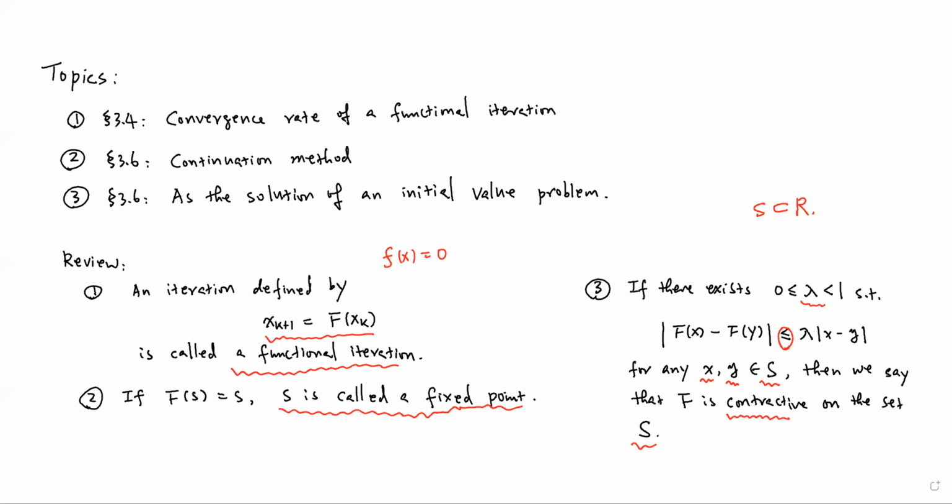Now we turn to present topic 1, a theorem about the convergence rate of a functional iteration. I presented this theorem in the last class, but today I want to present a proof of the theorem. Topic 1. It is a theorem. Let me make some assumptions.